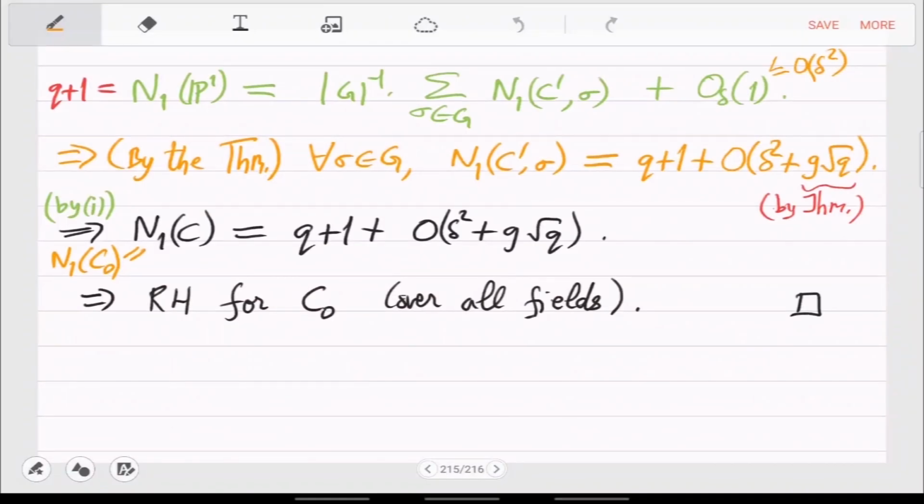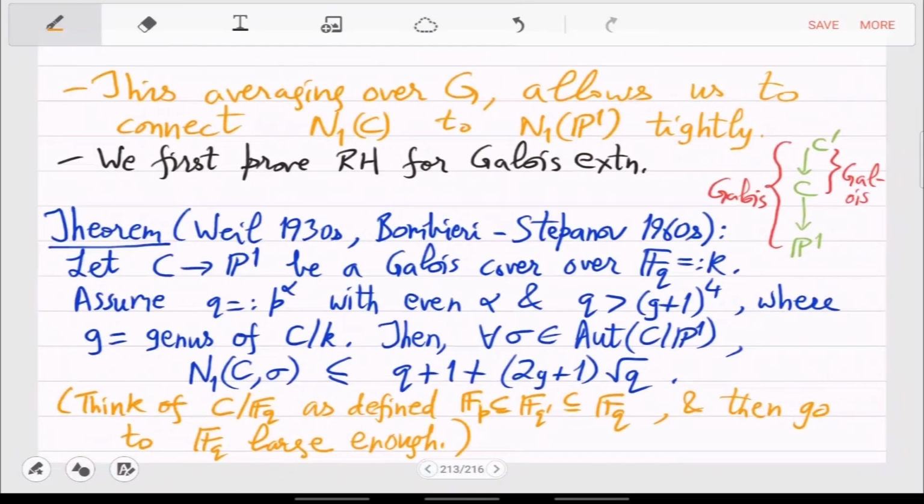Okay, so then we just have to prove this theorem. So let's mark this as the statement for the Riemann hypothesis. This is the version we'll now show.